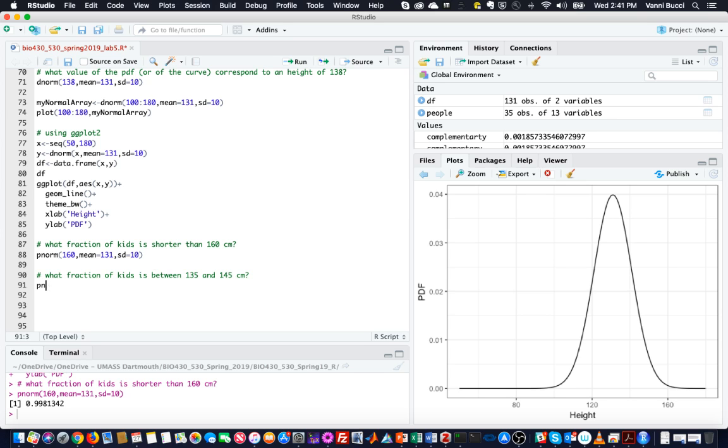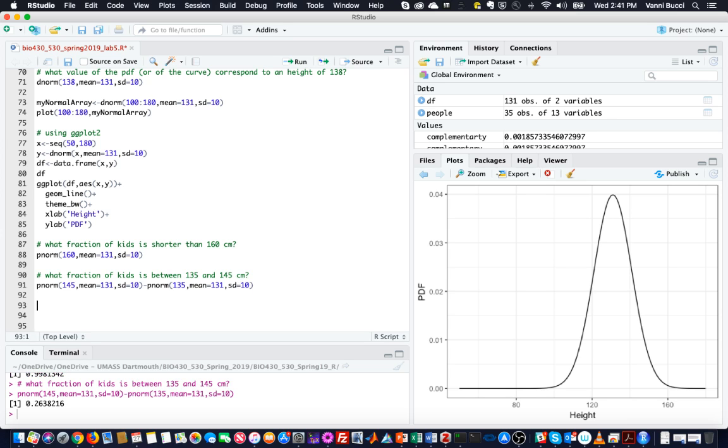This means pnorm 145, comma, mean equal 131, comma, SD equal to 10, minus pnorm 135, mean equal 131, SD equal to 10 again, and 26% are included between a height of 145 and a height of 135.